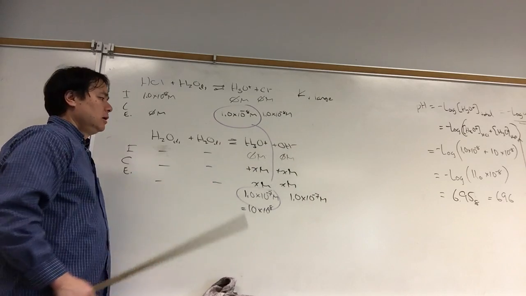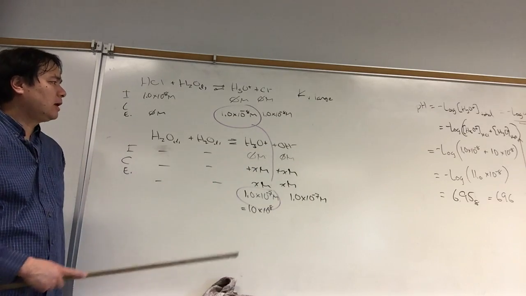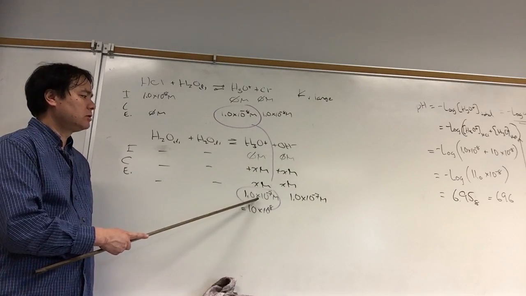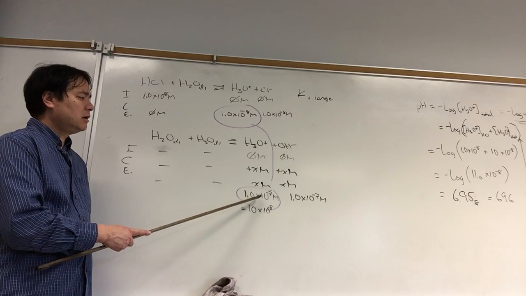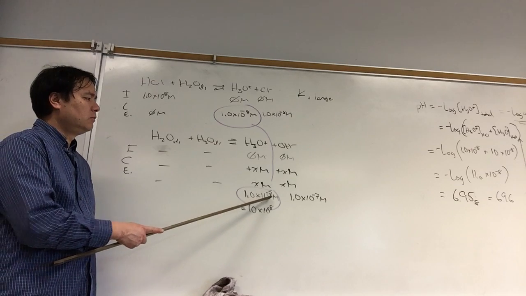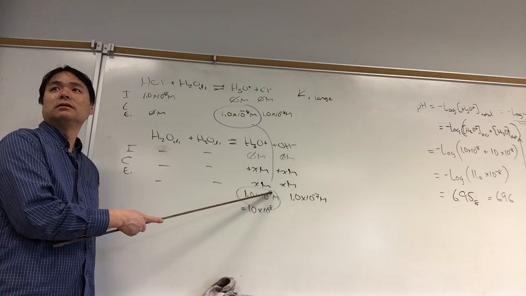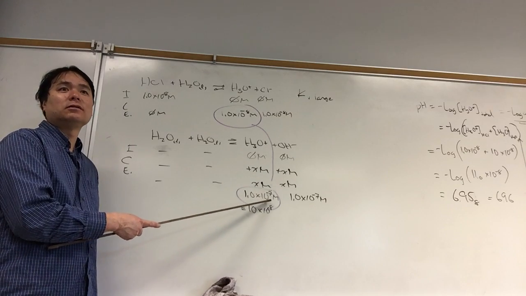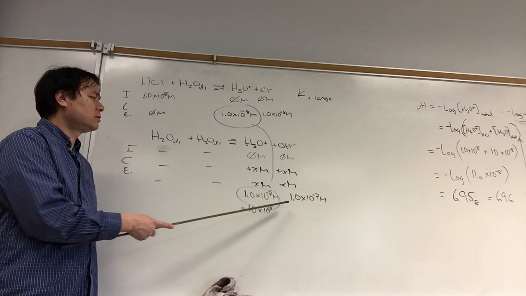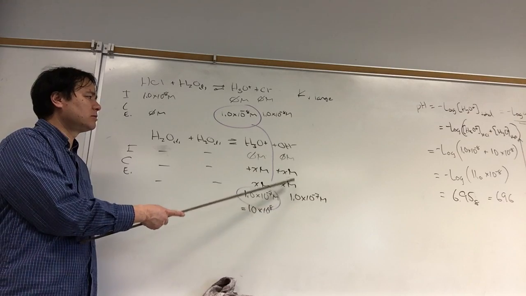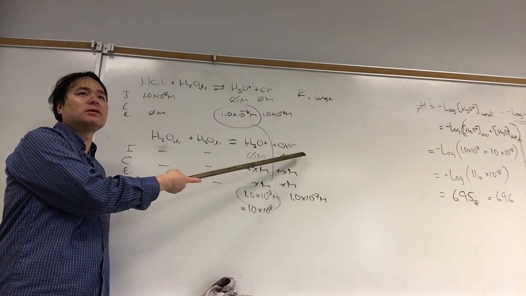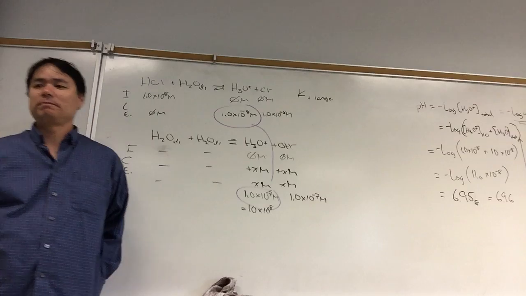So when I look at this, I would double check these concentrations. The way I double check it is, just multiply these two, and it should equal Kw. Does it? It does, right? It's 1.0 times 10 to the minus 7 times 1.0 times 10 to the minus 7, which gives me 1.0 times 10 to the minus 14.